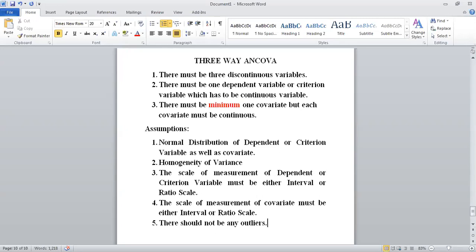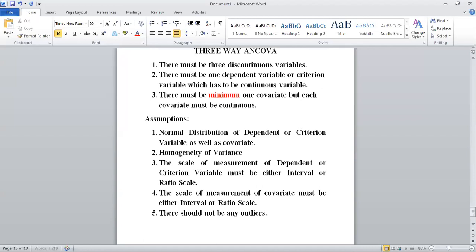And if you do that, then the size of your sample will reduce, because you are taking the data which you have already collected out of the analysis, as they fall in the outlier categories, either too high or too low. Now, these are the assumptions which must be satisfied by your data.